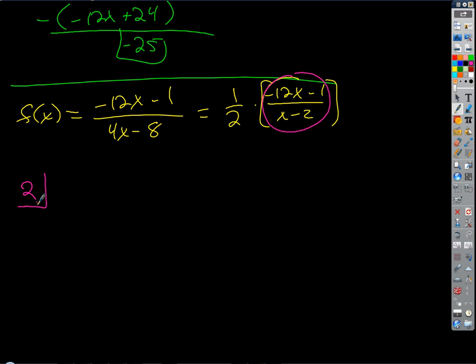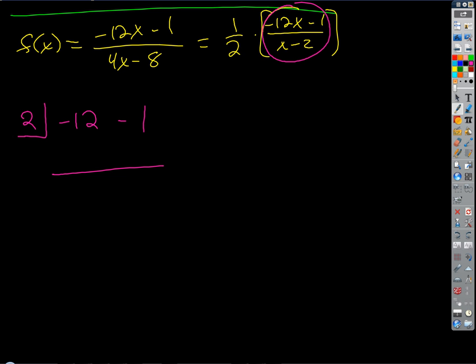Nick, what are the coefficients I put in the top row? Negative 12 and negative 1. Does that make sense? Right, the coefficients of the numerator, so I get negative 12, negative 1. Now what?